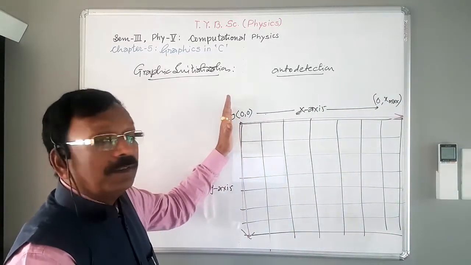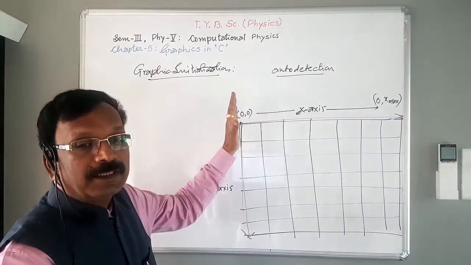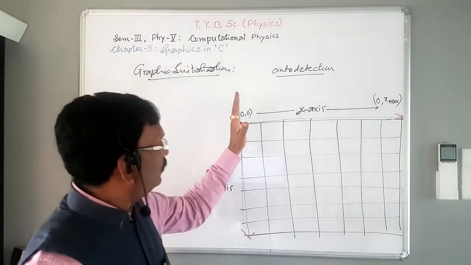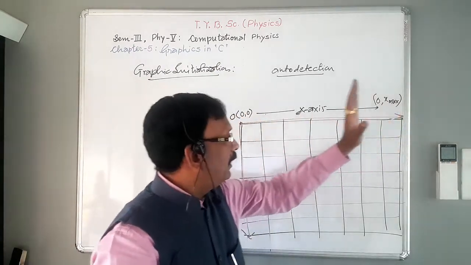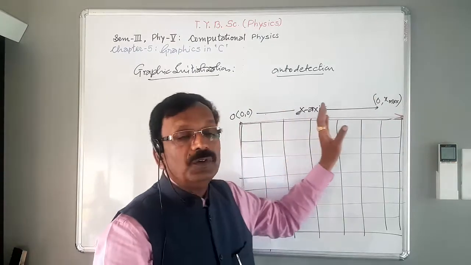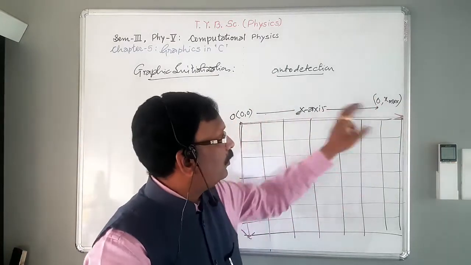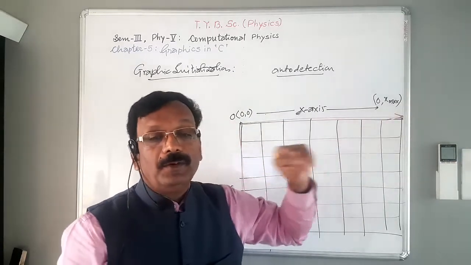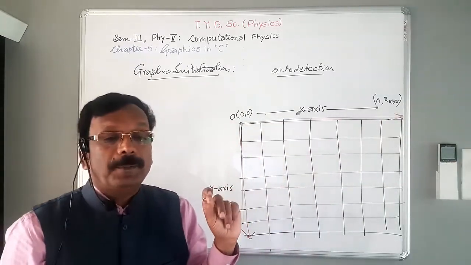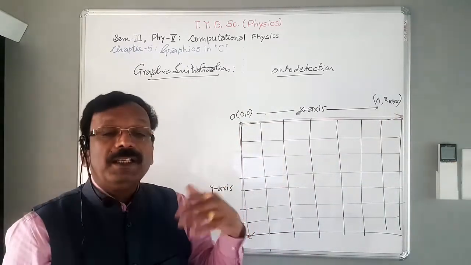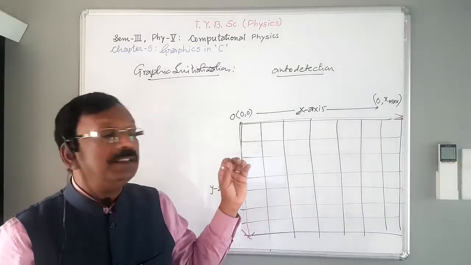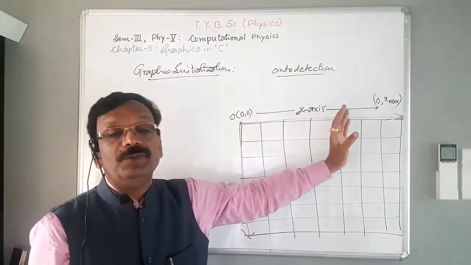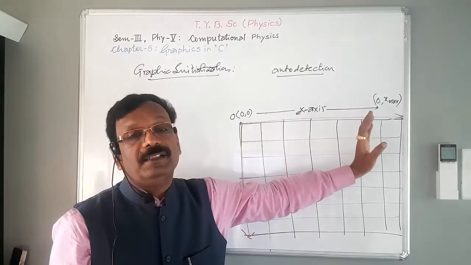Here is 0. When the x coordinates are moved from 0 to the right, it is found that it is increasing from 0 to maximum x, or x max. Similarly, we can say that the x coordinate increases from 0 to the x max value from left to right.